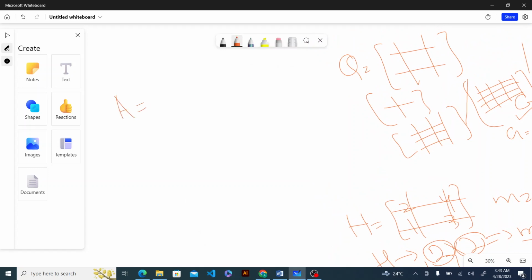Firstly, it should be a square matrix. So this is a matrix A, which is a square matrix because m into n is 3 into 3. It has the same number of rows and columns, 3 rows and 3 columns.